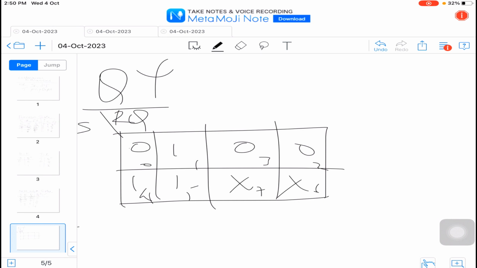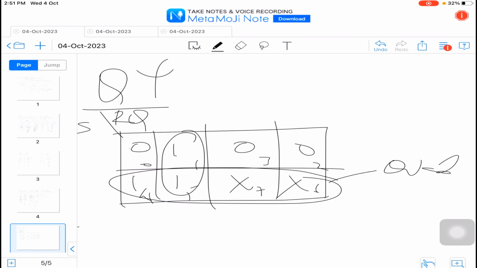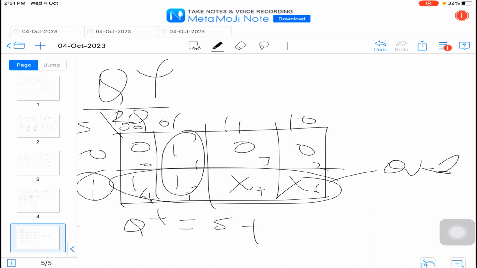How many possible groupings can be done in this? If you observe here, you can make one quad and one pair. So what is the answer for Q plus? Q plus is equal to S from this quad, because it is with respect to S, so we have taken S here.